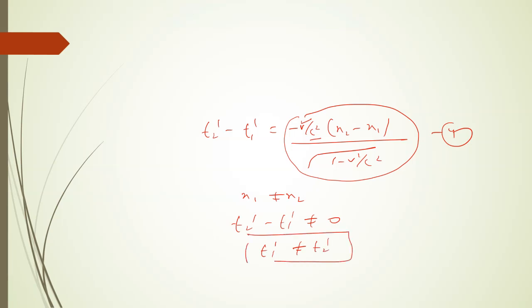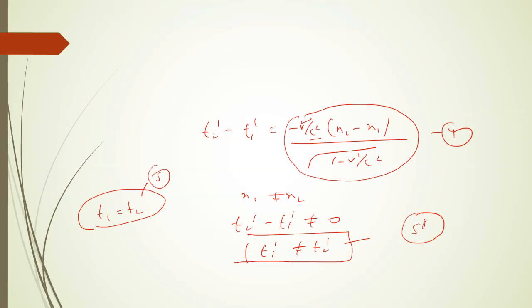Now this is a very interesting concept. We have studied that t1 is equal to t2. That is, the events which are simultaneous from frame S are not simultaneous from frame S dash. That is, the events will not appear to occur at the same time from frame S dash.